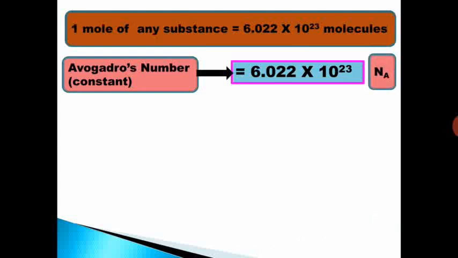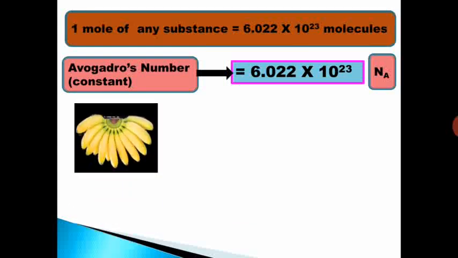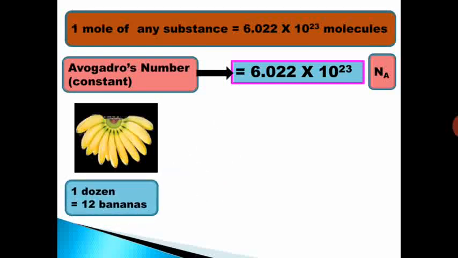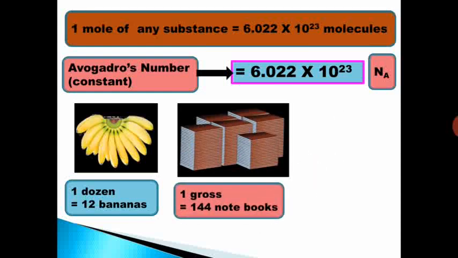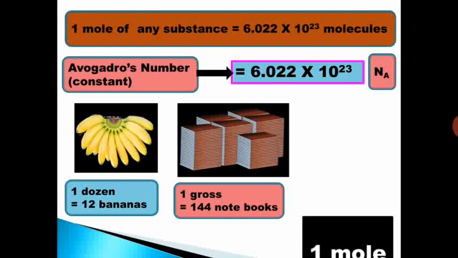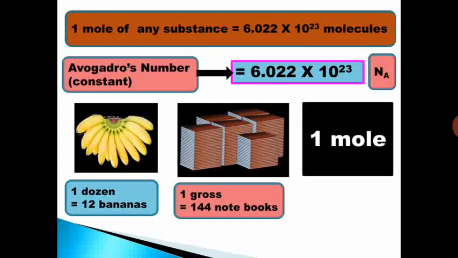to the subscript A. When we say 1 dozen of banana, it means 12 bananas, right? Number of bananas in 1 dozen are 12. When we say 1 gross of notebooks, immediately we come to know there are 144 notebooks. Similarly, 1 mole of a substance is how much?